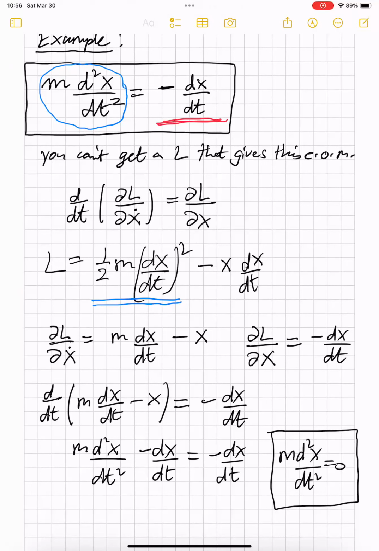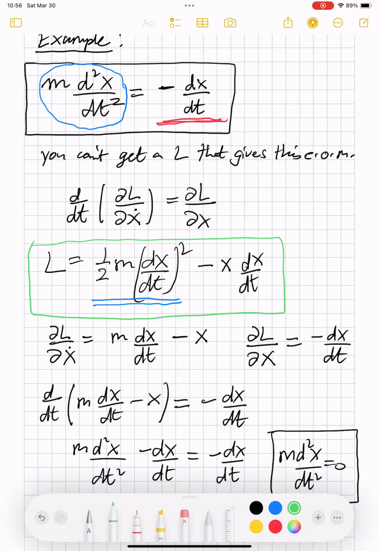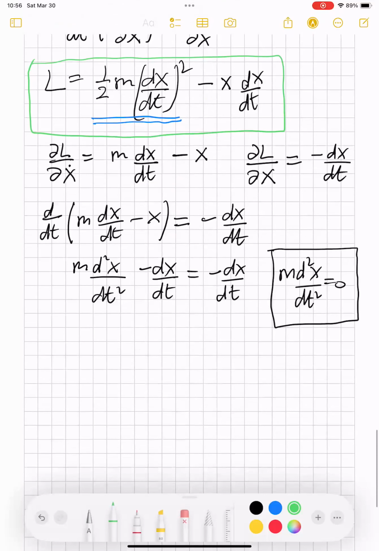But notice there's something a little bit interesting about this answer. From that Lagrangian over there, which I'm going to outline in green, I got the free equation of motion. So exactly the same equation of motion that I would have gotten from this Lagrangian.